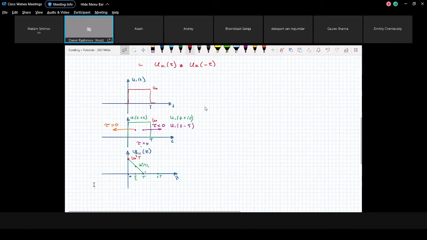And we can show that for the negative range, we have u0 squared times t over 2 and then 0. This is how it looks for a rectangular function. Okay. This is our first autocorrelation function. Second, we take another signal.